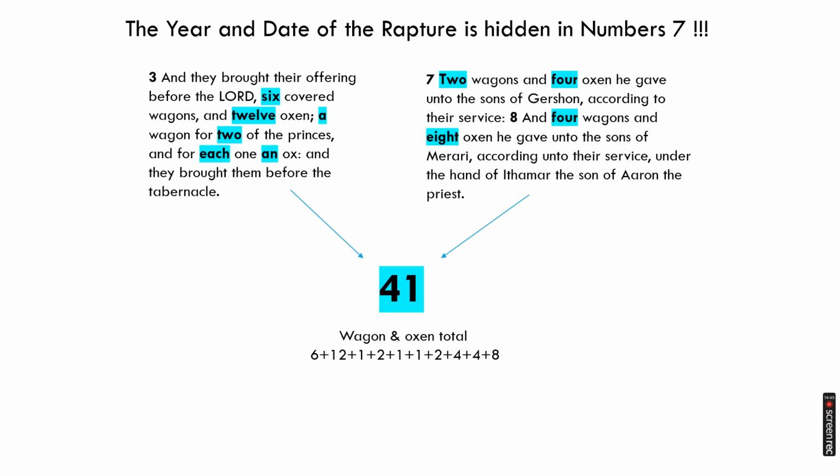So we pretty much covered verses 12 to 89 in the previous slides. The opening verses also contain some numbers contributed by the 12 princes. The wagon and oxen total count is 41 based on textual description.